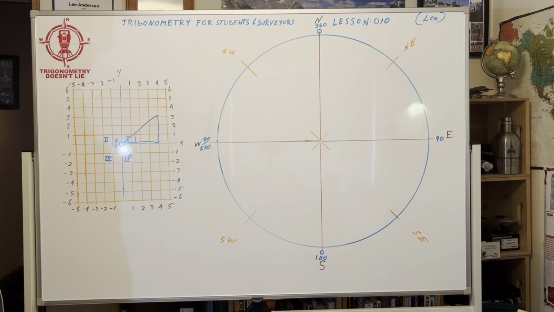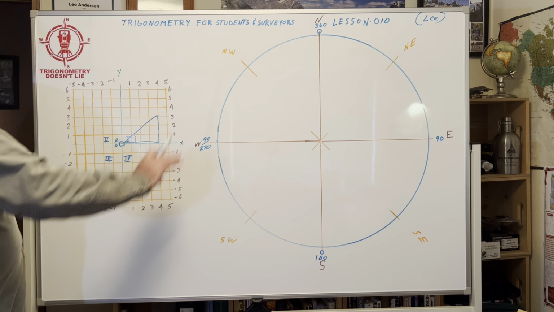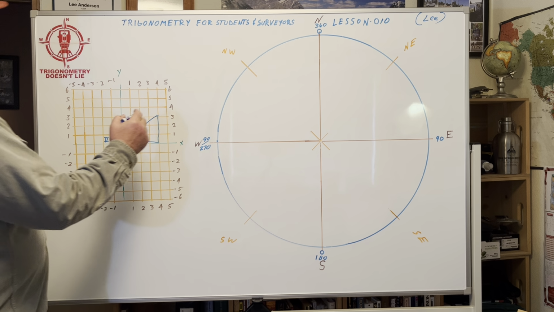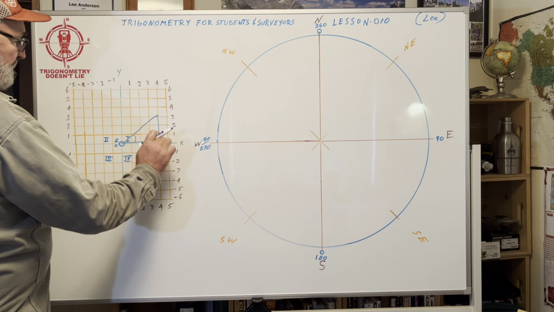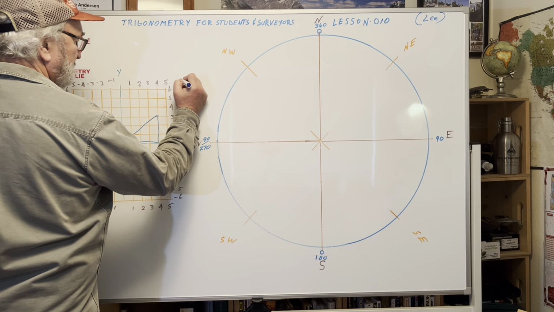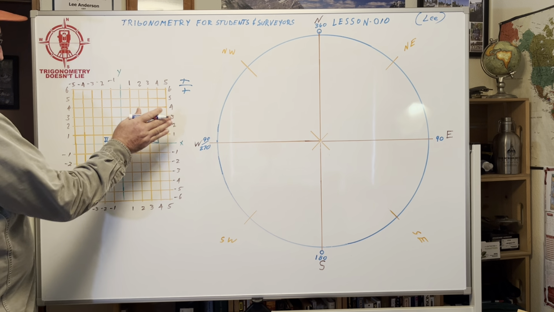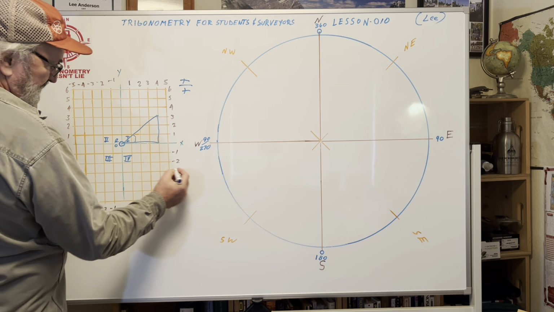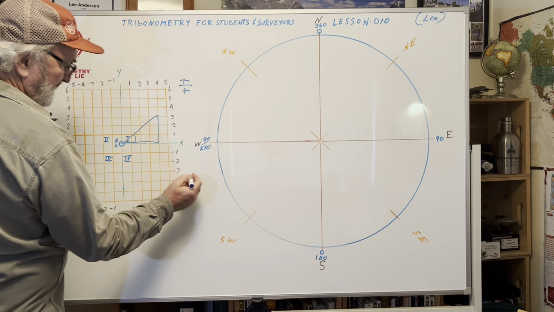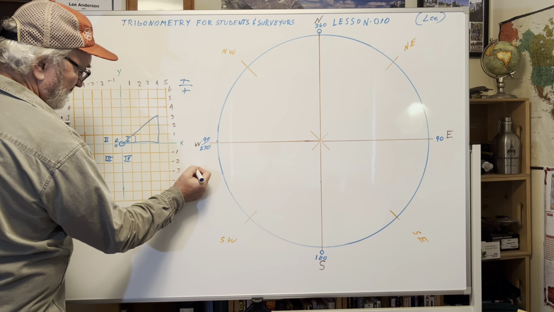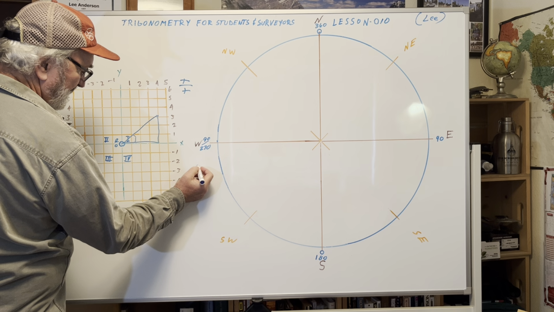Very handy to have. Essentially what you're doing here is very similar to that. This quadrant over here is positive northing, positive and positive. And over here you've got positive east, so you've got a negative and a positive.